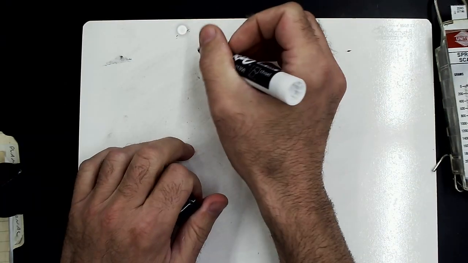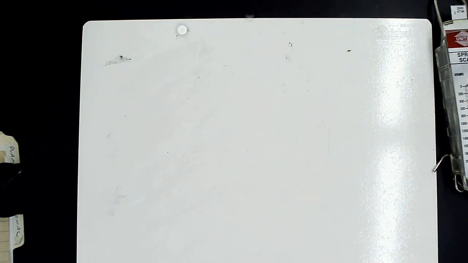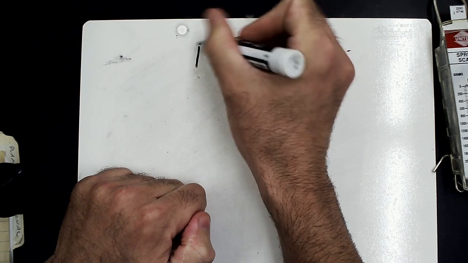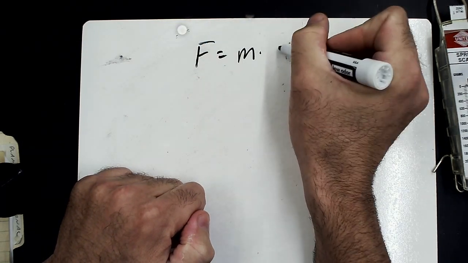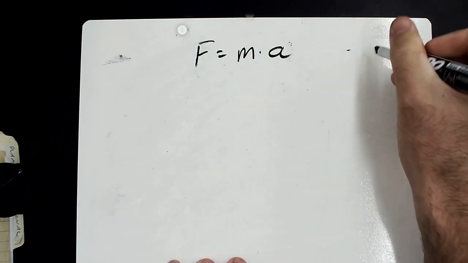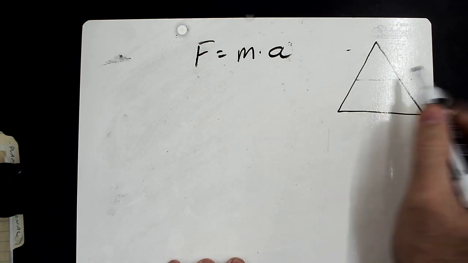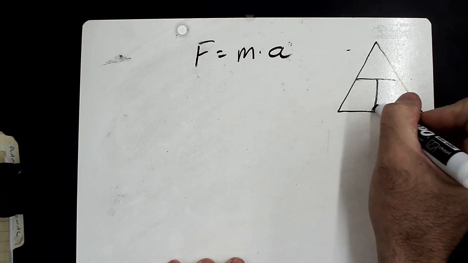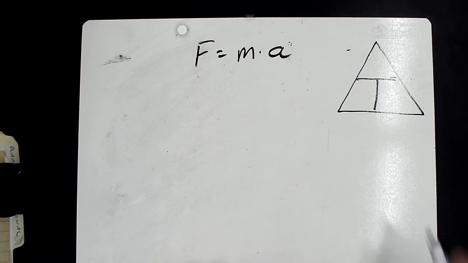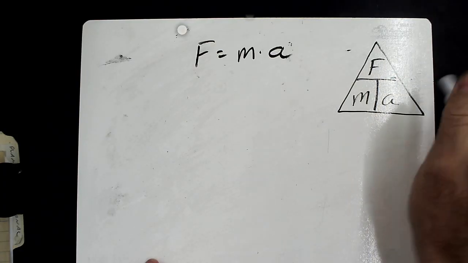So we're going to be using Newton's second law, the equation for Newton's second law. So force equals mass times acceleration. Okay, now using my triangle method that I've been trying to get you to use because it is a helpful little tool, I've got force equals mass times acceleration, right?